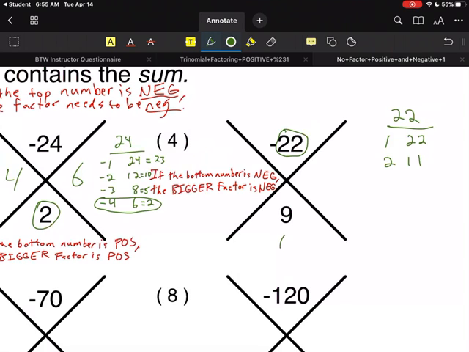Since the bottom number is positive, the bigger number is positive, so I need to make my smaller numbers negative. Then you add them together. Negative 1 plus 22 is 21. Negative 2 plus 11 is 9. Bingo. Got my answer, so negative 2 and 11.